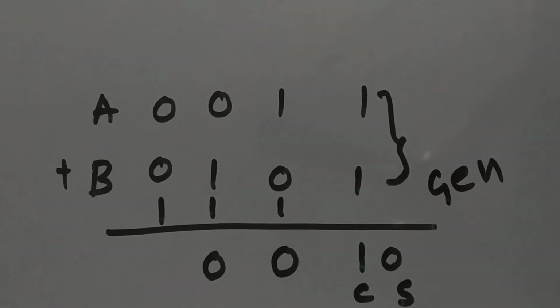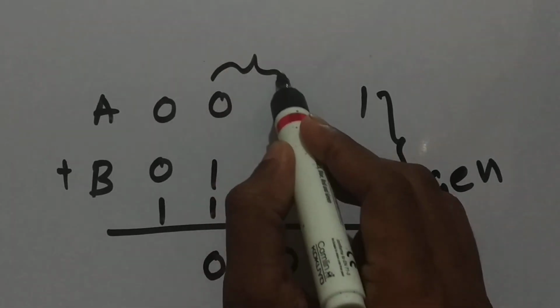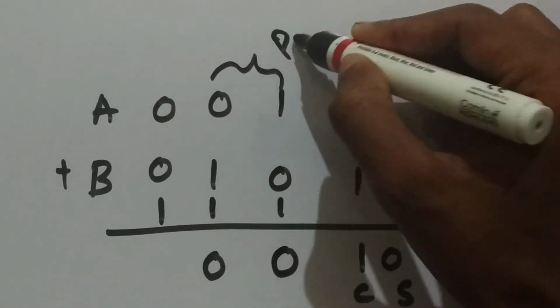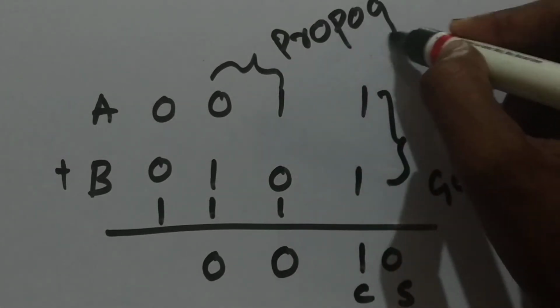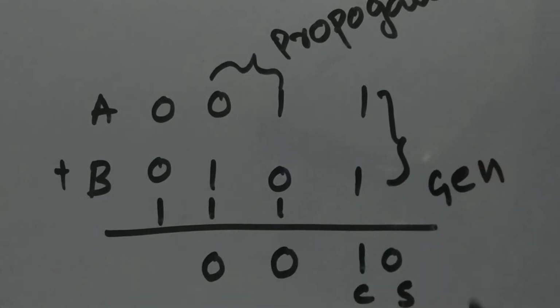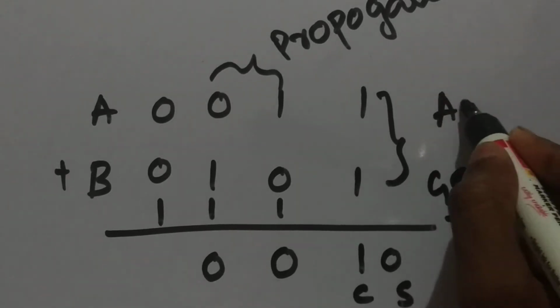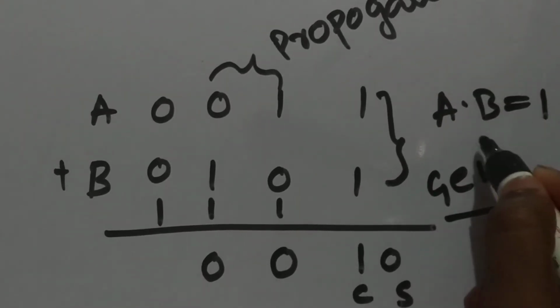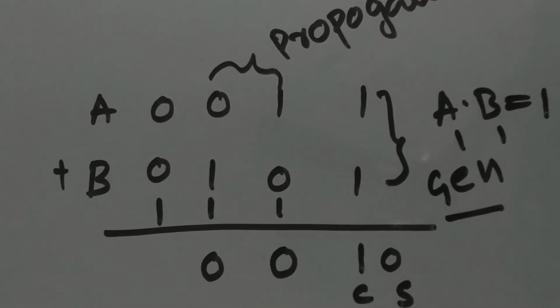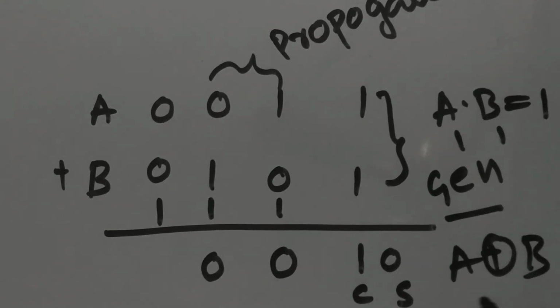Whenever A and B are complements of each other, carry is propagated. Carry is propagated over here and carry is generated over here. So when A and B are 1, that means A dot B equals 1. When both are 1, it's an AND gate. Over here it is like an XOR gate, so A XOR B. So from this small example, we can say that generation is done using an AND gate and propagation is done using an XOR gate.